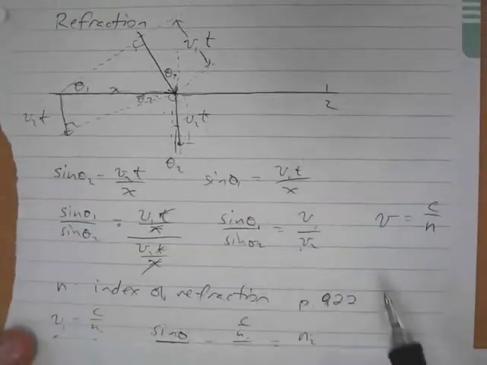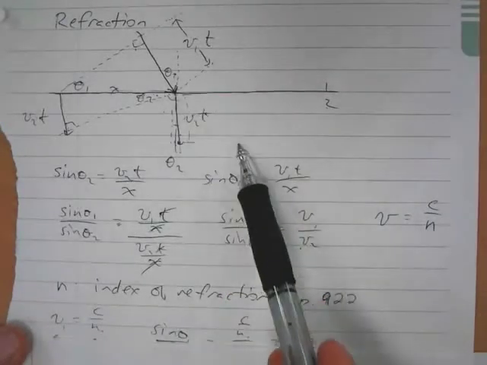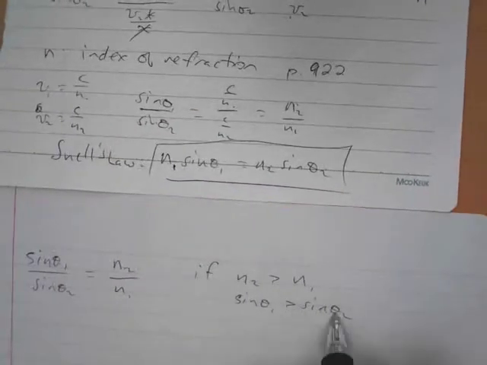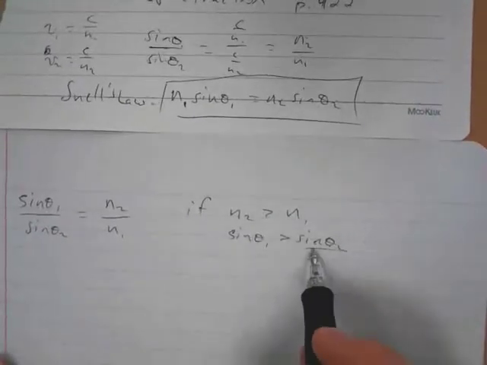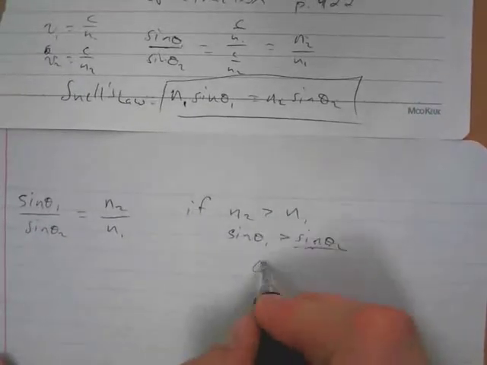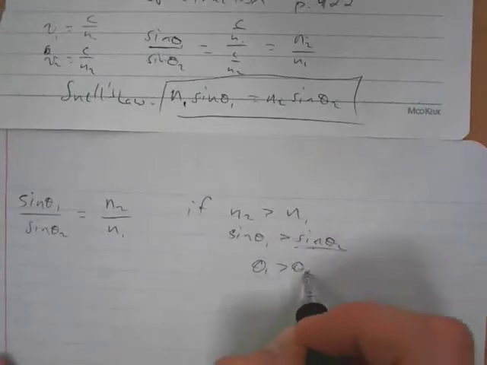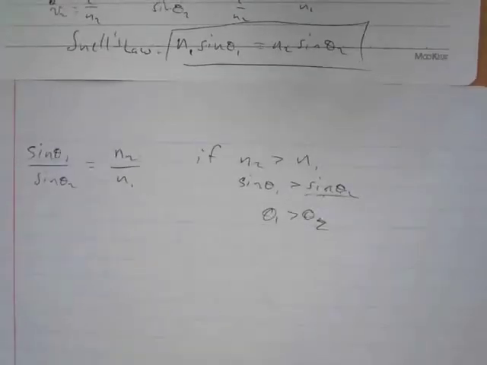So that means that if we go from a lower index of refraction to a higher index of refraction, we get a smaller sine in our second material. Now, we're only dealing with acute angles, so that means that one of our angles is bigger than the other, because sine is increasing from 0 to 90. Right? So sine is at its maximum at 90 or pi over 2, and a minimum at 0, and between those two it's increasing the whole way.